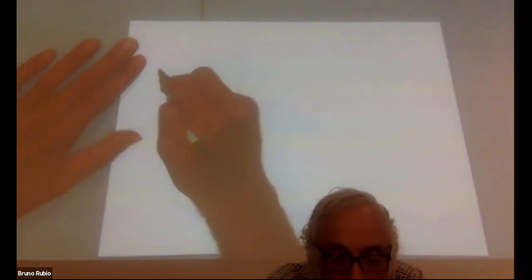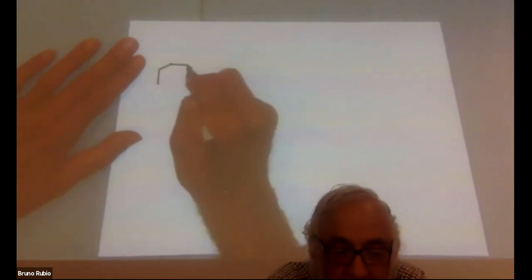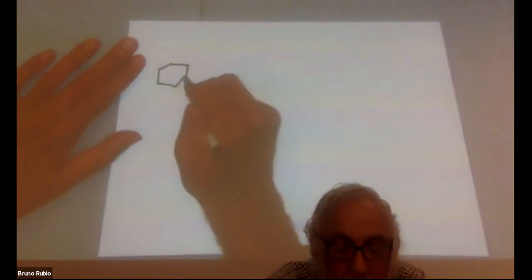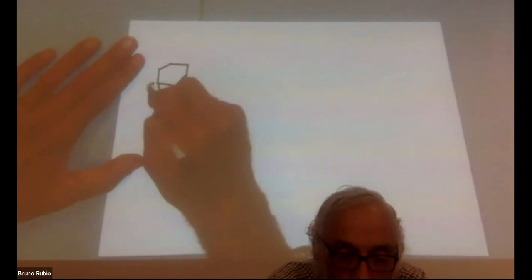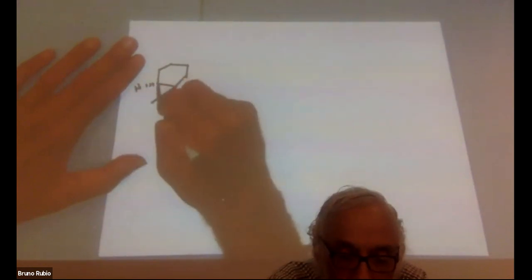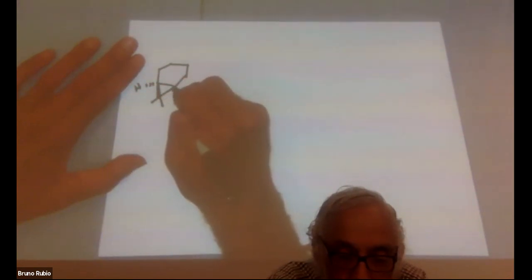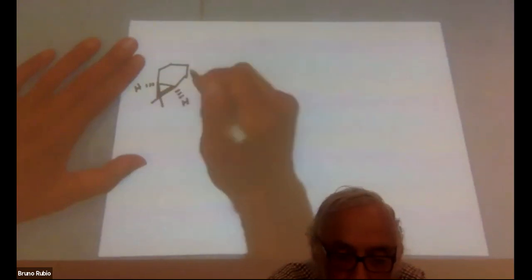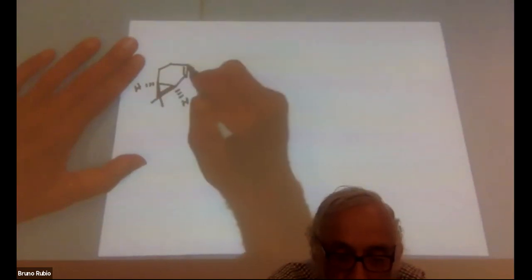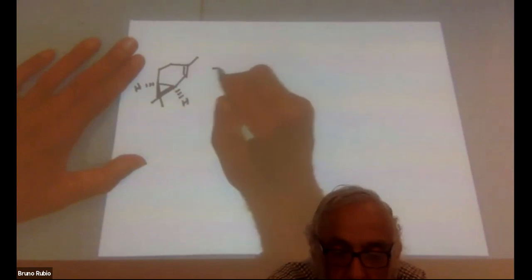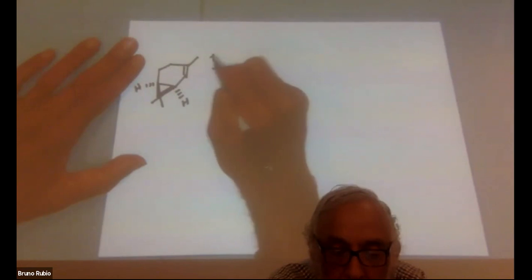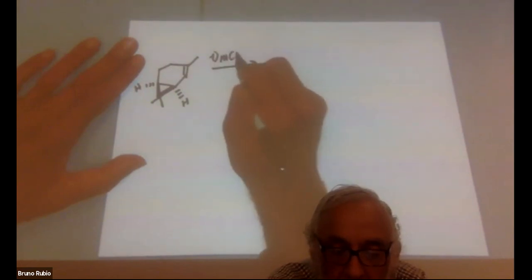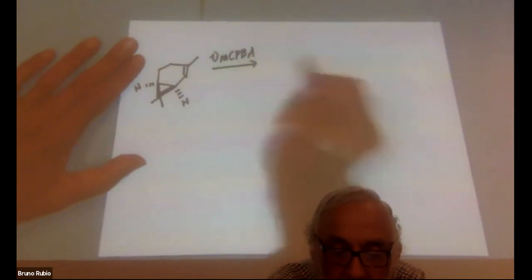Let's go with this guy. One of my favorite molecules. Wedge, double bond. Okay. First step, MCPBA.